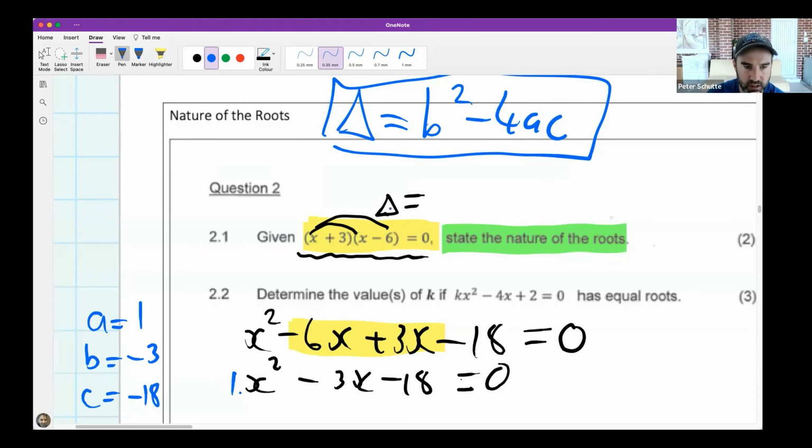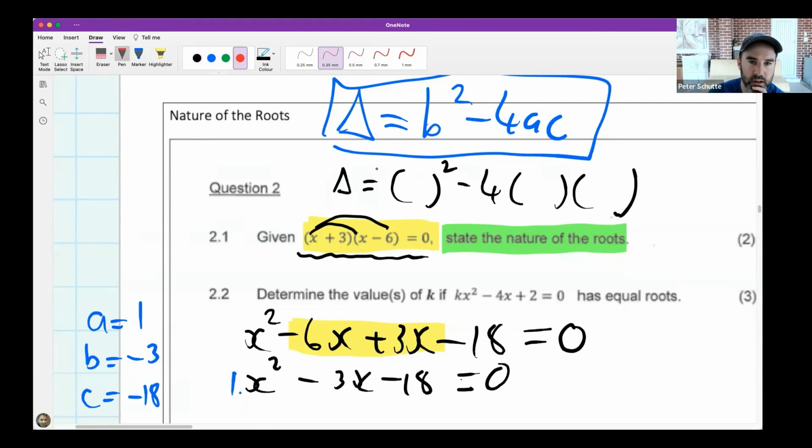All right, so if I want to find delta, I can now say b squared, whatever that is, and then I need to sub in my values. As long as I haven't made a silly mistake, minus 3x, that's fine. We have minus 3 there, we have 1 there, and then we have minus 18 here.